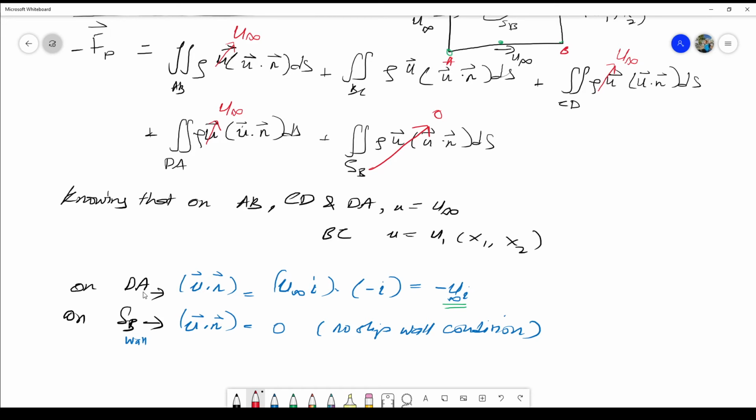And then we substitute on the surface DA. We know that u dot n here is equal to negative u. Then we substitute this u dot n by the negative u, and u dot n on the wall will be equal to 0.